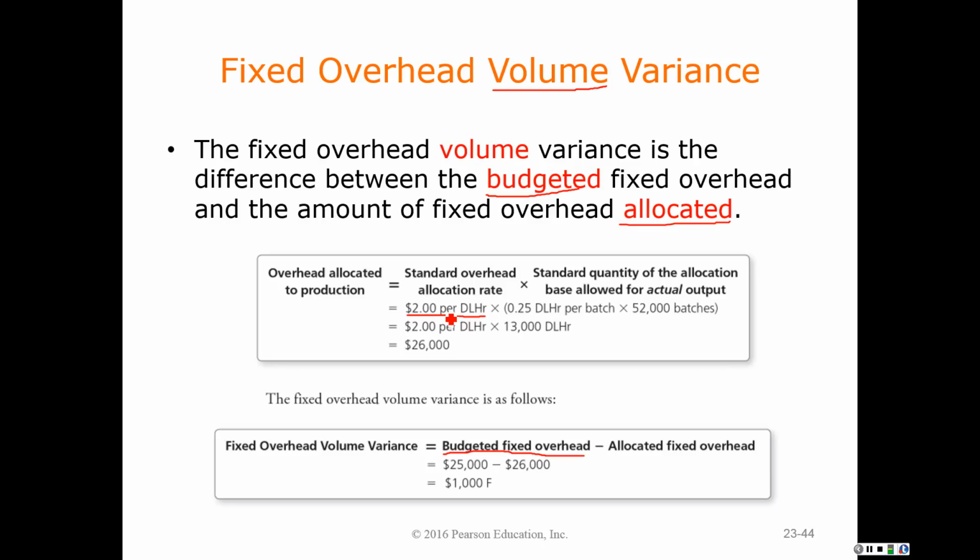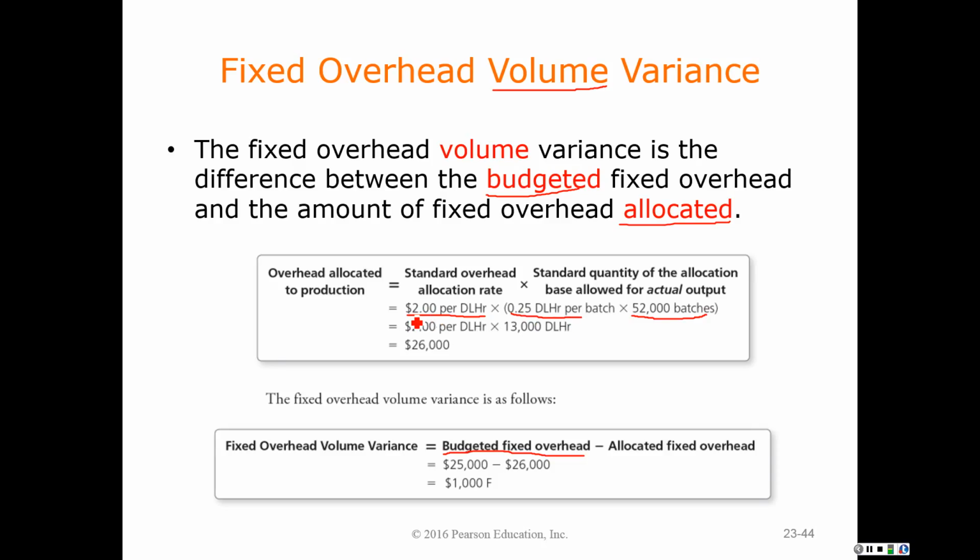If $2 was my standard, and if you'll remember, we had originally said that we estimated our driver to be a quarter of an hour per batch. I'm going to manufacture 52,000 batches. So my estimate of 0.25 direct labor hours per batch. These direct labor hours are what's driving my overhead.